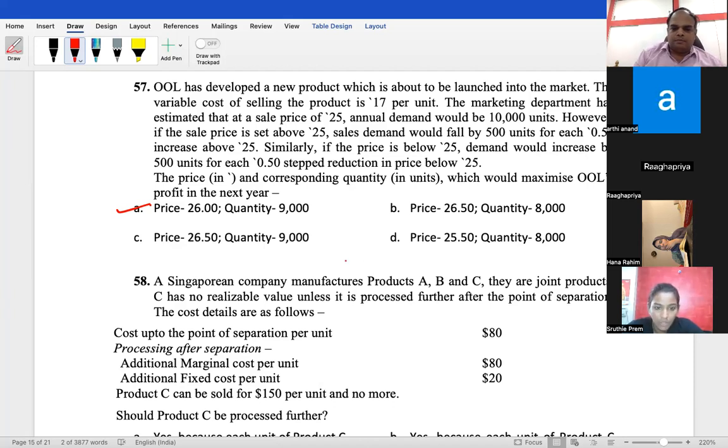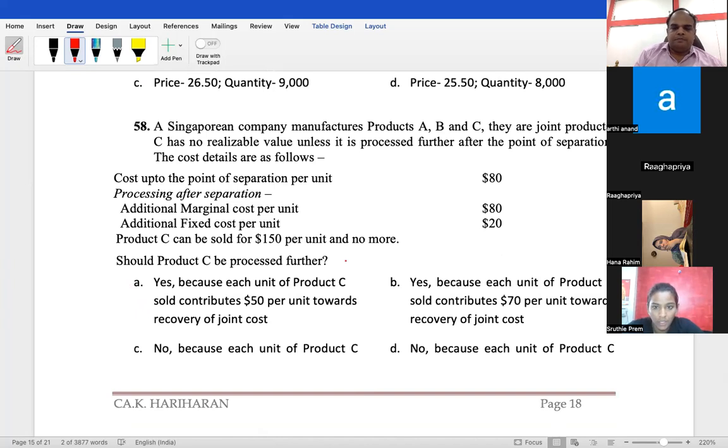A Singaporean company manufactures products A, B, C. They are joint products. C has no realizable value unless it is processed further after the point of separation. The cost details are as follows. Cost up to the point of separation per unit is 80. Processing after separation, additional marginal cost per unit is 80. Additional fixed cost per unit is 20.